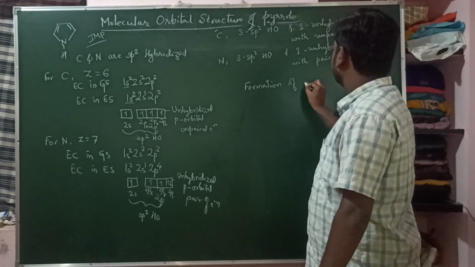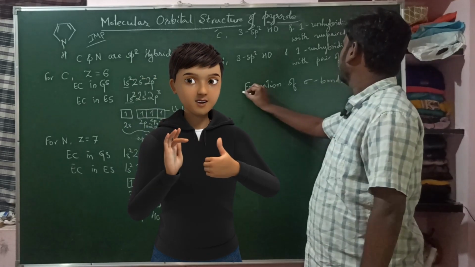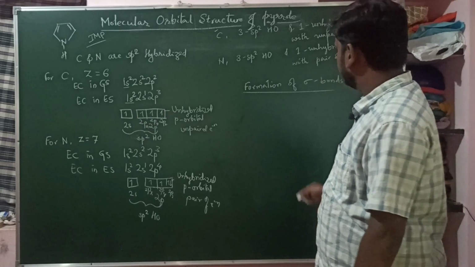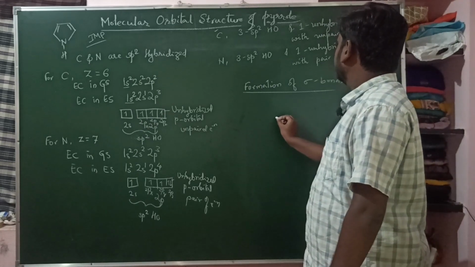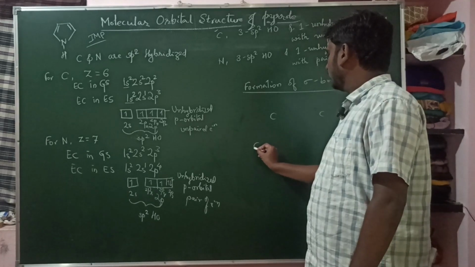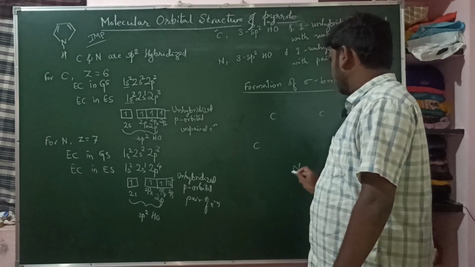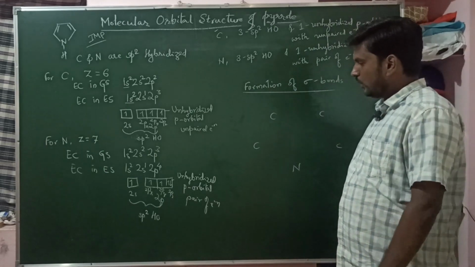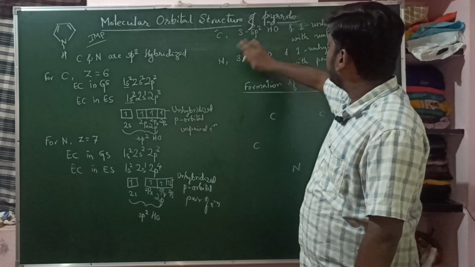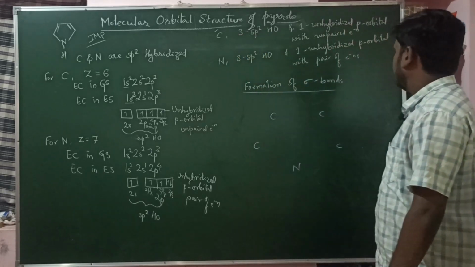Formation of sigma bonds in pyrrole. There are 4 carbon atoms and one nitrogen. Each of these atoms has undergone sp2 hybridization.